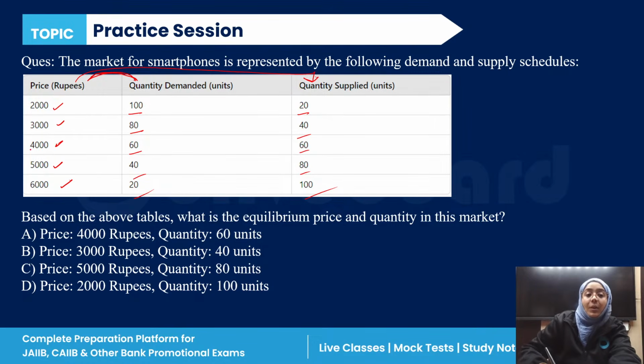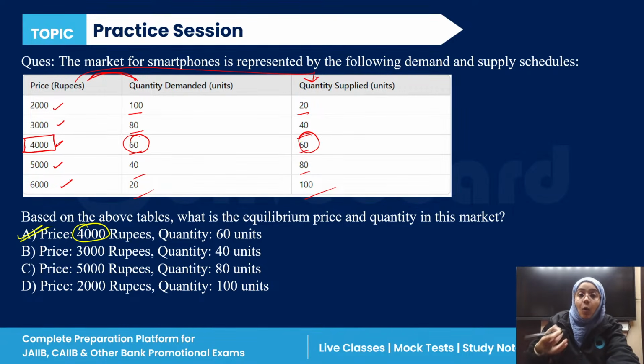So when we are talking about the prices, it is 4000 where the quantity demanded is equal to quantity supplied. So obviously the equilibrium price is 4000, and the quantity at which we have achieved the equilibrium price is 60 units. So we don't need to calculate anything. We just need to understand the concept and the question is clear. So A is the correct answer.